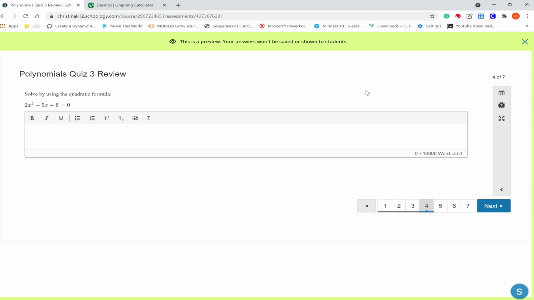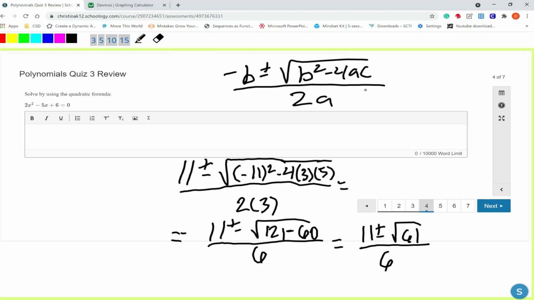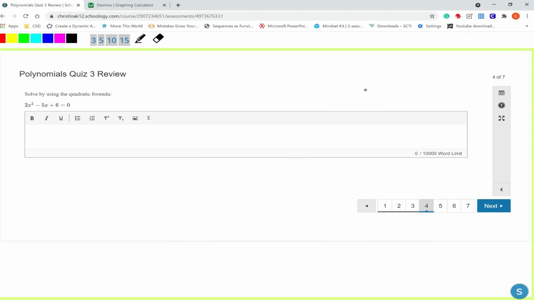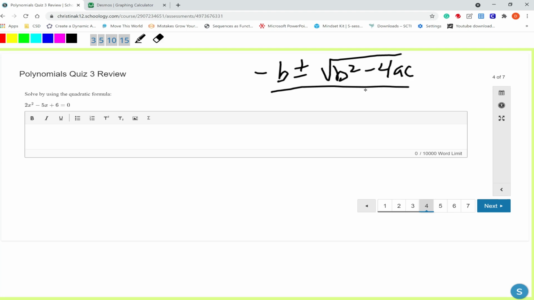We're given 2x squared minus 5x plus 6 equals 0. So let's erase what we had in the last one. I'm just going to rewrite the quadratic formula: negative b plus or minus square root b squared minus 4ac, all this over 2a.